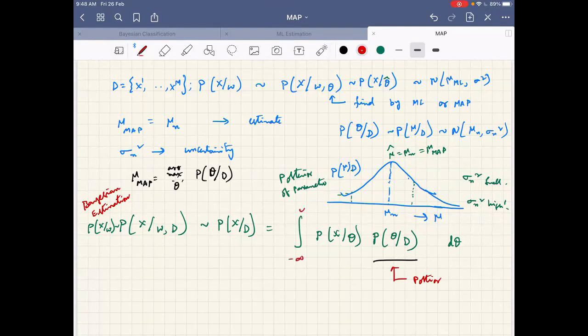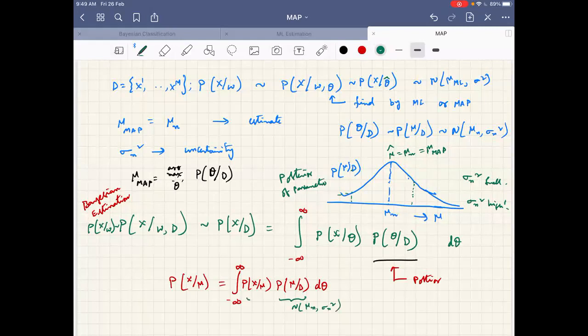The integral goes from minus infinity to infinity, defined by this theta, P of mu given D. Also, if you consider P of x given mu explicitly for a Gaussian case, it becomes the integral from minus infinity to infinity of P of x given mu into P of mu given D, d mu. If you expand this, this one is essentially normal with mu n comma sigma n square.